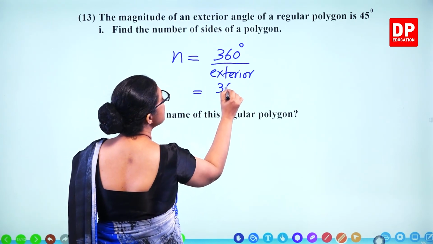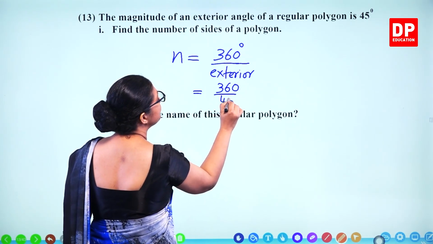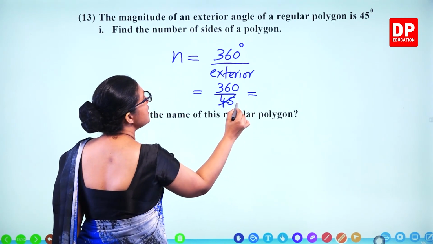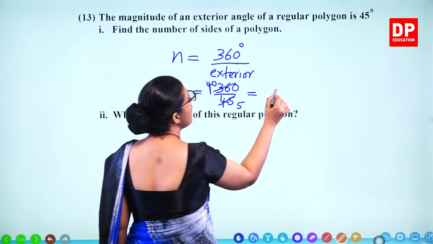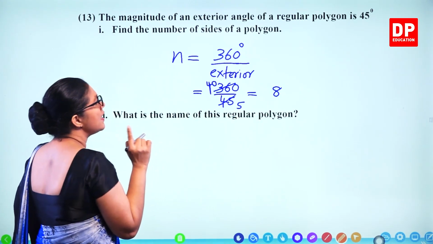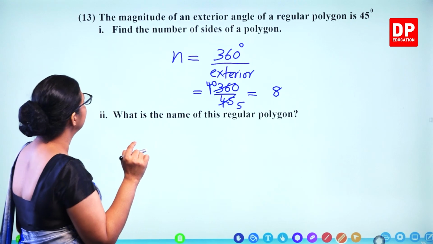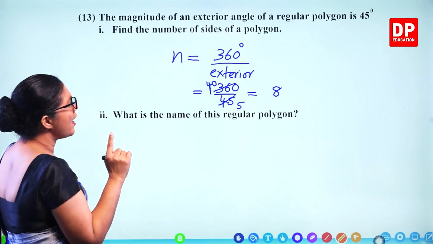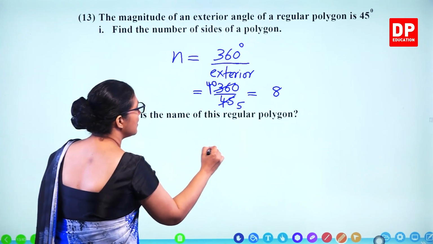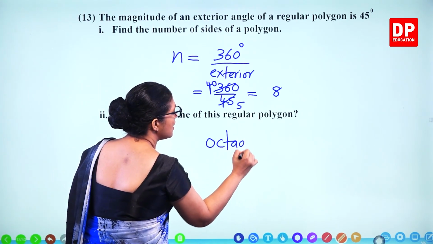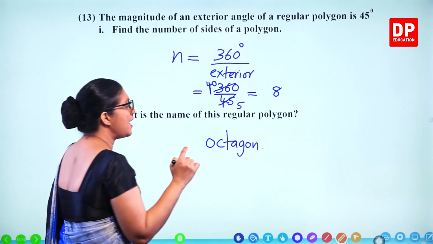So 360 divided by 45. 9 times 5, 9 times 40. 40 divided by 5, you get 8. 8 sides are there. What is the name of this regular polygon? 8 sides? Octagon.